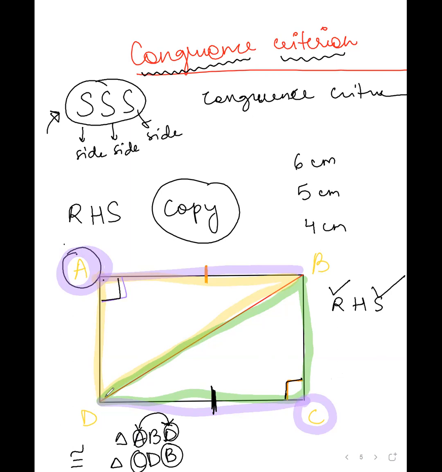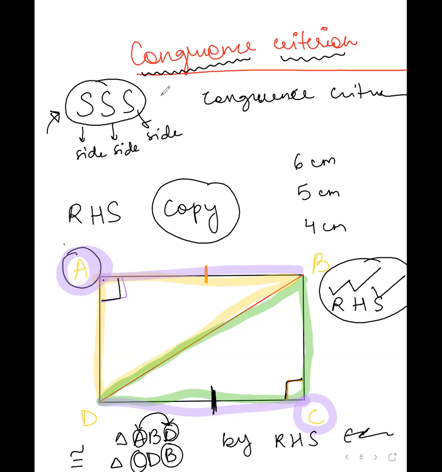And both of them, their hypotenuse is the same or different? Same. Hypotenuse is the same. So they are congruent by RHS congruence criterion. I'm not going to write the whole thing. I don't have space here.